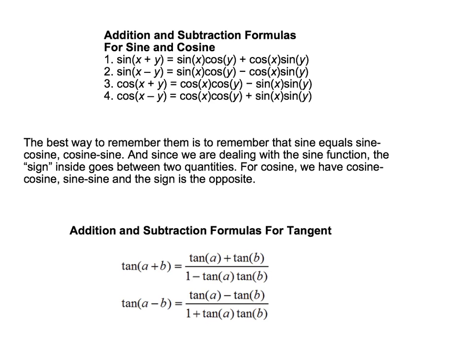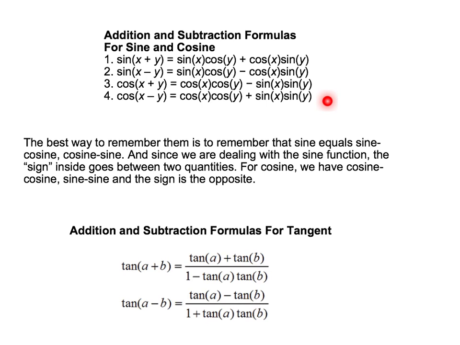These are for the addition subtraction of the sine, and what you see is the first term is a multiplication of sine cosine, the second term is cosine sine, and the sign linking them corresponds to the sign inside the addition or subtraction rule. So sine cosine, cosine sine, sine matches up.